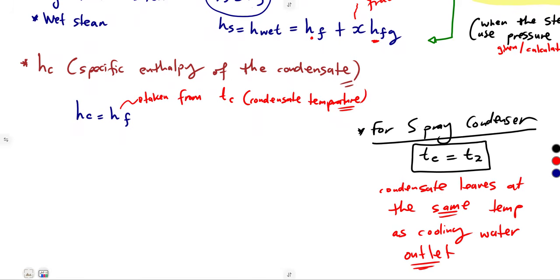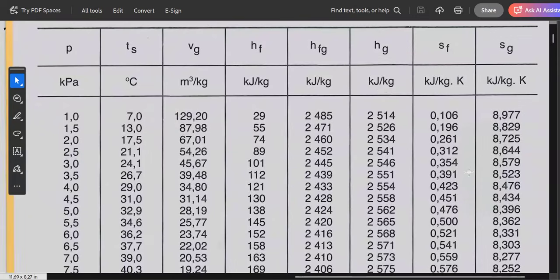So when I have the temperature, I can find the value of HF from the steam table. This is what I wanted to explain before I added this information. Let's say a value is not here, because we can have direct values. Let's say our condensate temperature is 21.1.